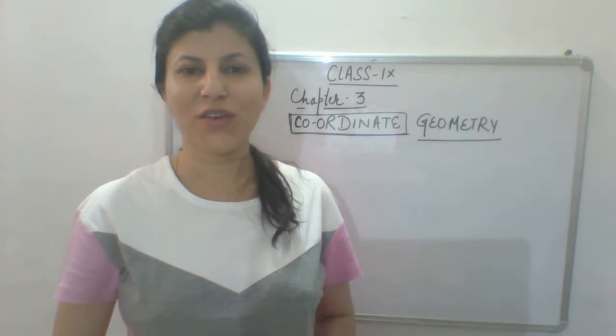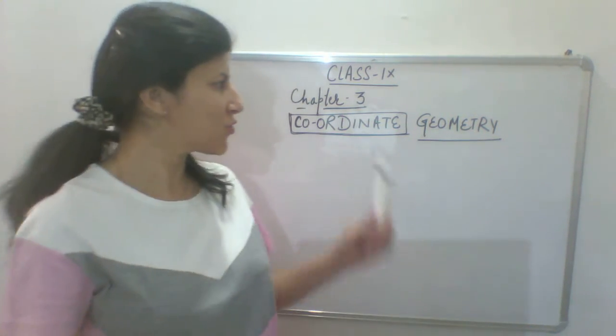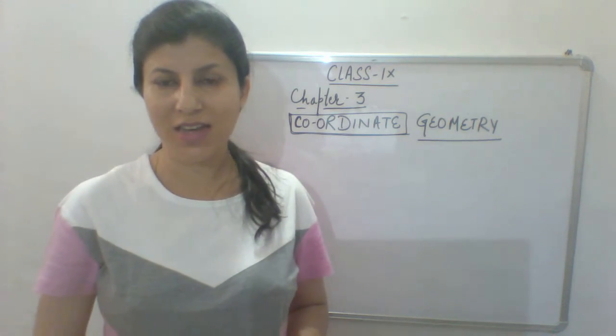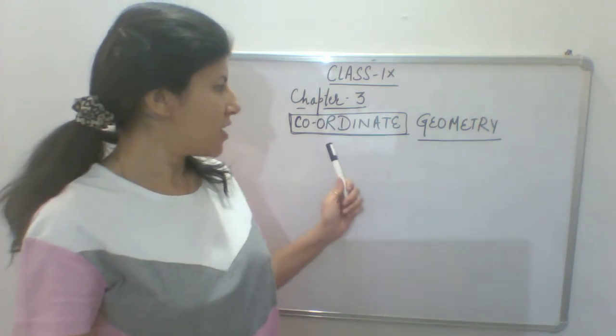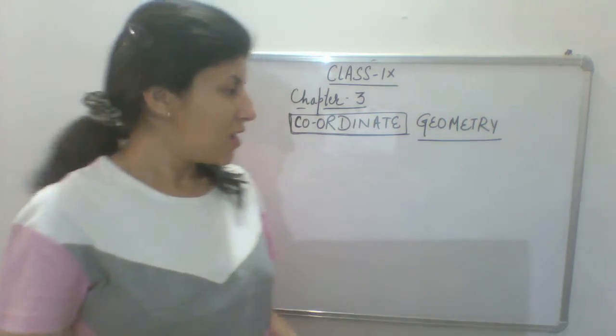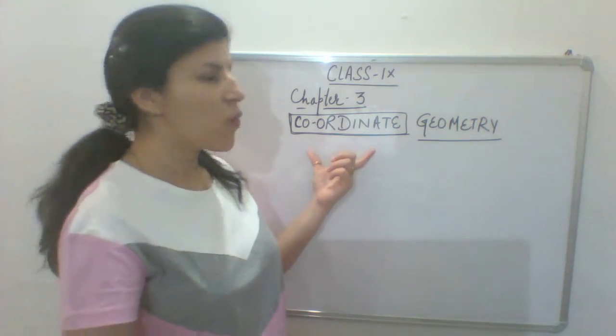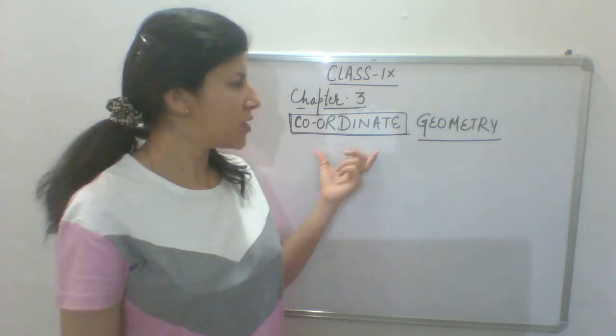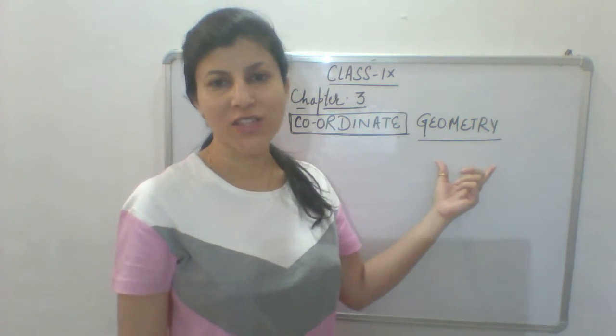Hello everyone, today we are going to start with Chapter 3 NCERT Class 9th Mathematics. Name of this chapter is Coordinate Geometry. As students, this word coordinate might be new for you, but you all are quite familiar with geometry.